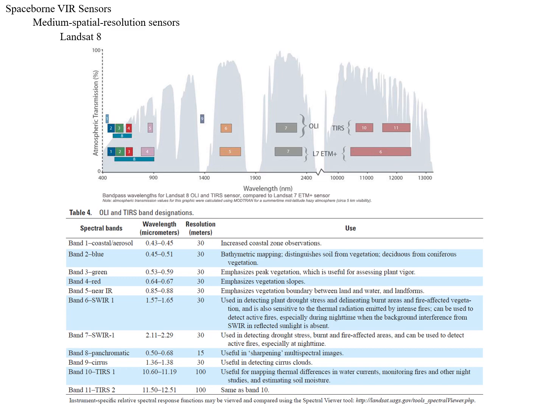The first band now is a coastal aerosol band, which helps you in your coastal zone observations. It's going to have way more Rayleigh scattering, but it's going to help you correct for the Rayleigh scattering in the blue band. Blue, green, red, and near infrared are the same. SWIR 1 and SWIR 2 are the same, only now they're in the correct order, bands 6 and 7.